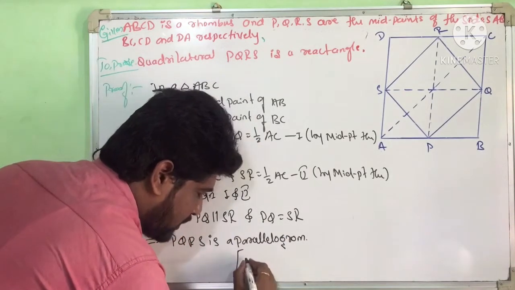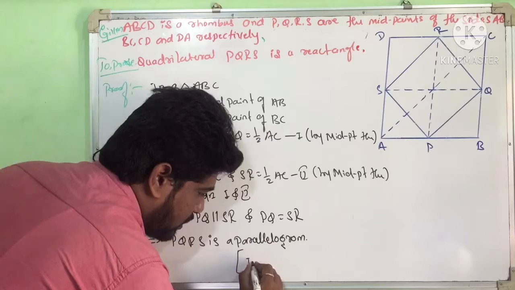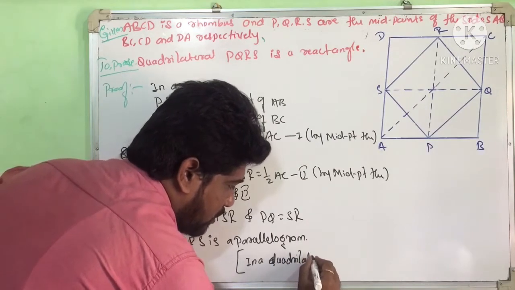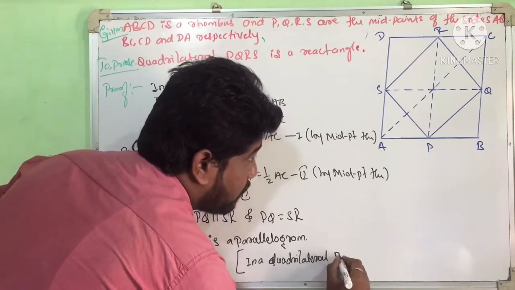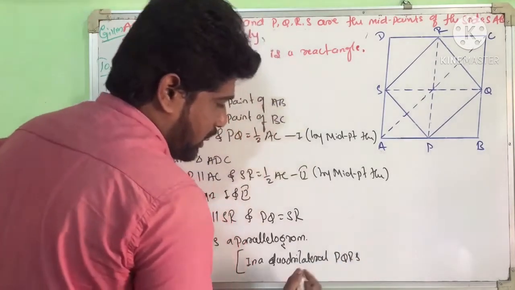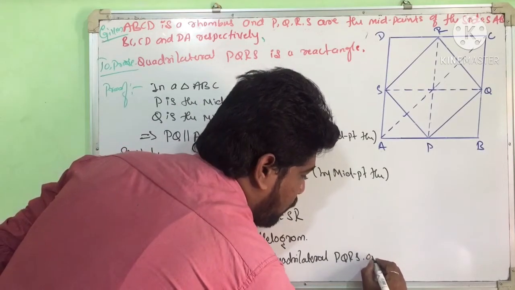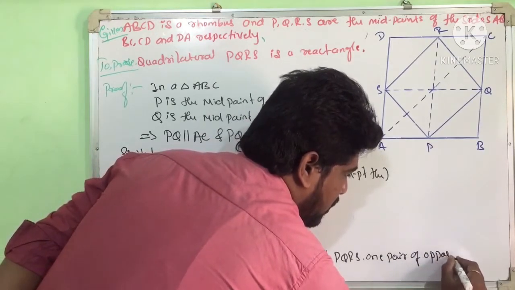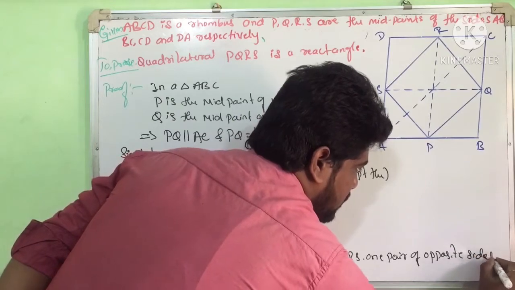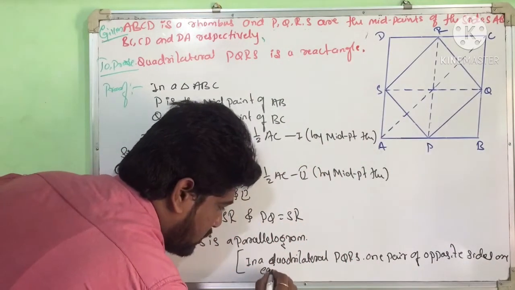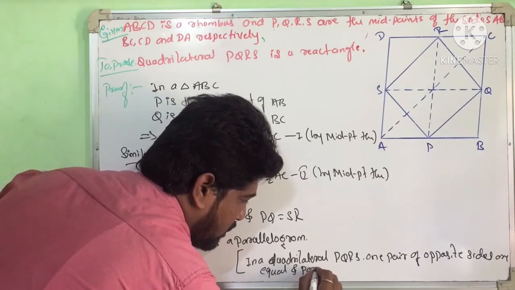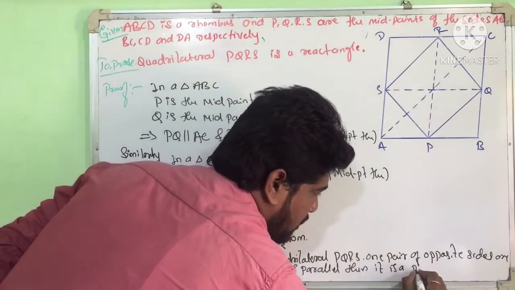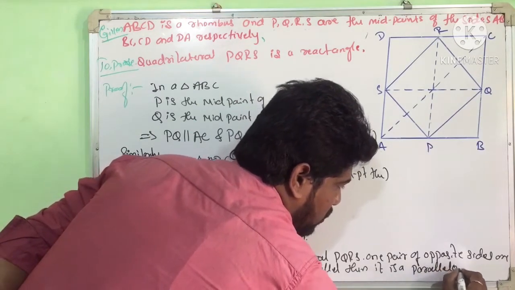Reason here: in a quadrilateral PQRS, one pair of opposite sides are equal and parallel, then it is a parallelogram.